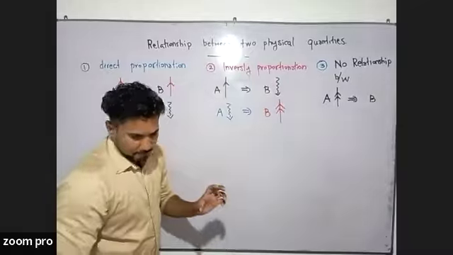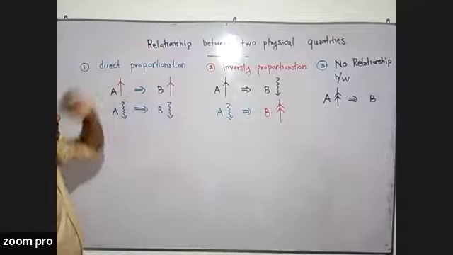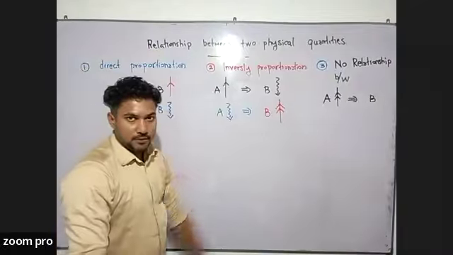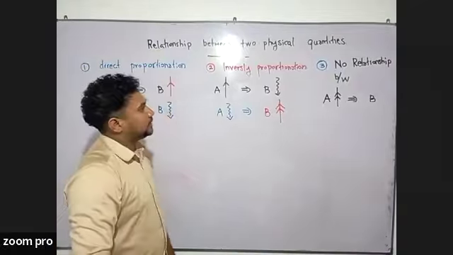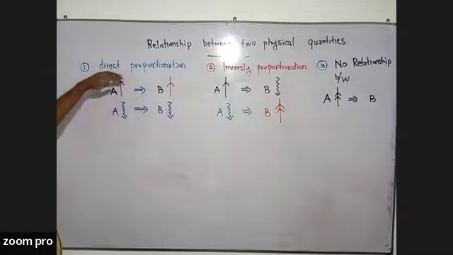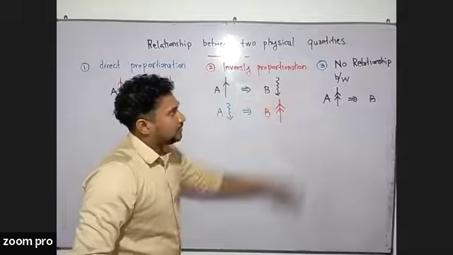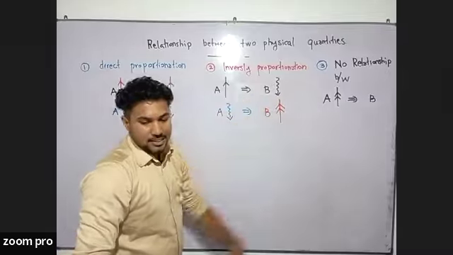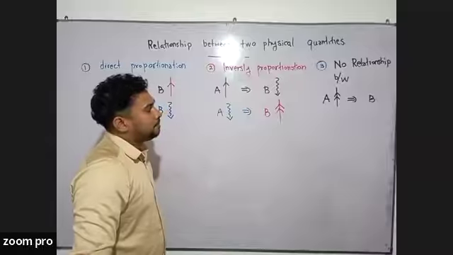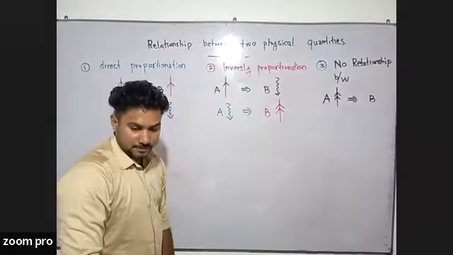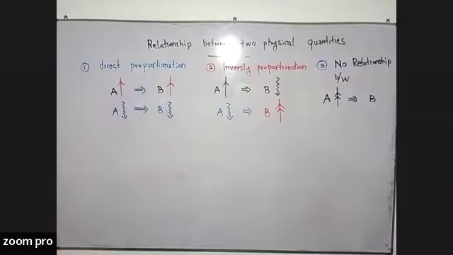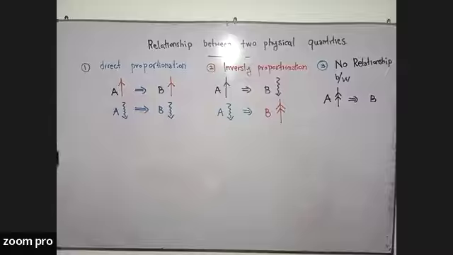So likewise, there are three types of relationship between two physical quantities. The first one is direct proportion, the other one is inverse proportion, and the third one is no relationship between the physical quantities considered, right?